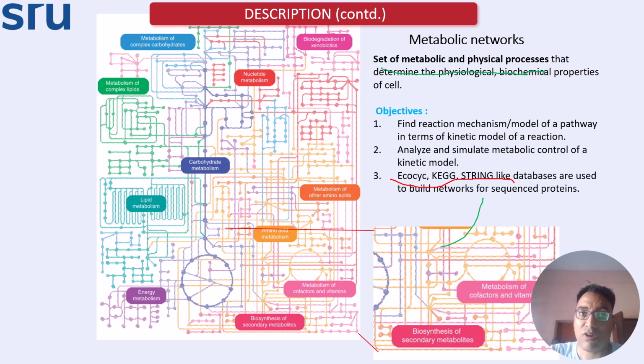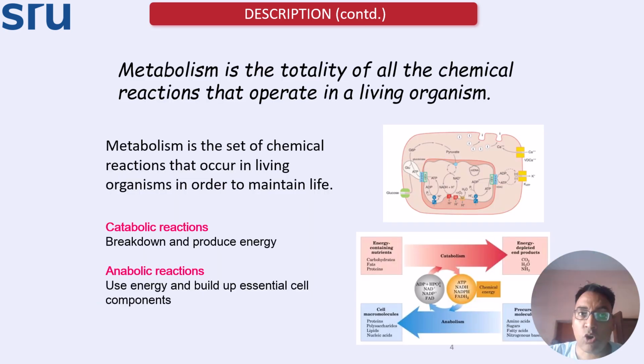Now, to explain it in a nutshell, understand that metabolism is defined as the totality of the chemical reactions that operate in a living organism or cellular system. All the reactions considered together, be it catabolism or anabolism, that is, be it breaking down of complex molecules to give you energy, or synthesis of newer molecules to get stored.